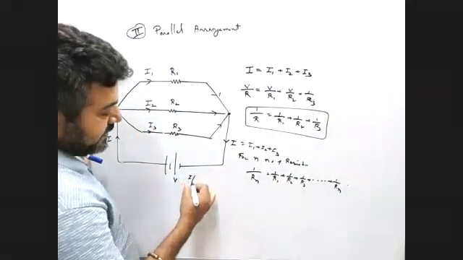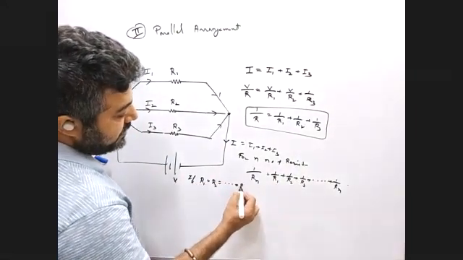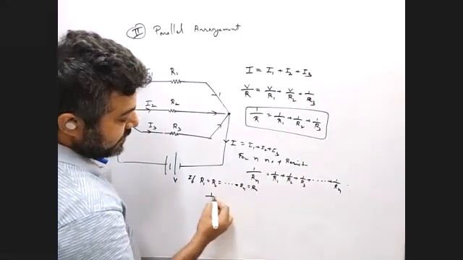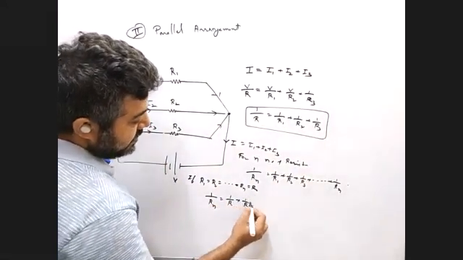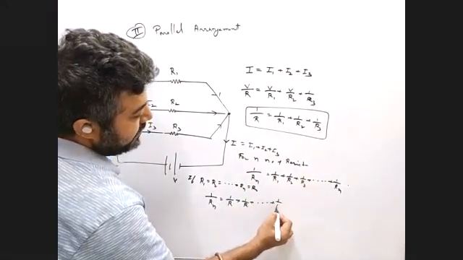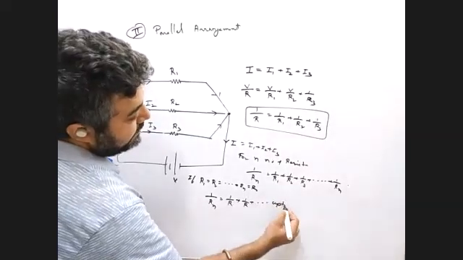If R1 equals R2 equals Rn equals R, then 1 by Rp is 1 by R plus 1 by R plus 1 by R, up to N terms.